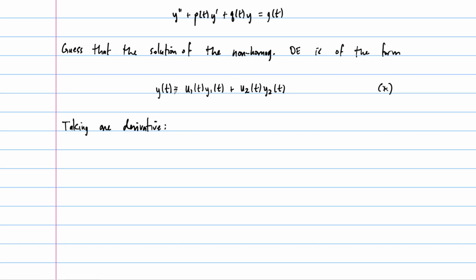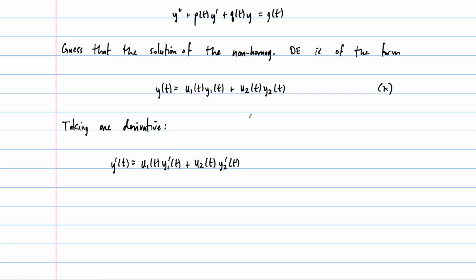So when we take the derivative, now that these are functions, we have to apply the product rule to each one of them, right? And so I'm going to do it in a way that's going to maybe look a little bit weird, but I'm going to write y prime of t. The first thing I'm going to do is allow the derivative to hit each of the y functions, okay? So I'm going to write this as u1 of t times y1 prime of t plus u2 of t times y2 prime of t.